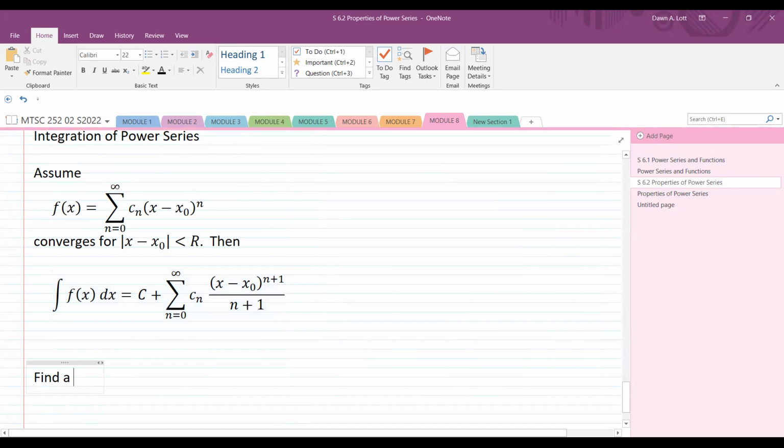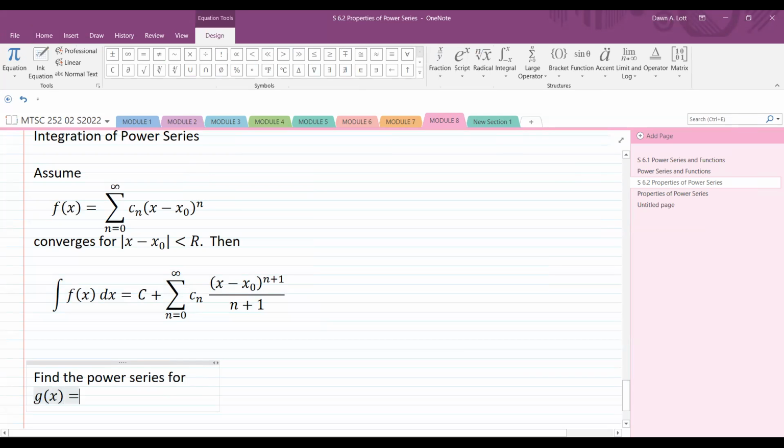Fine. Power series for g of x equal to the natural log of 1 minus x.